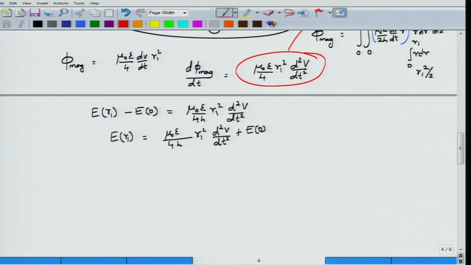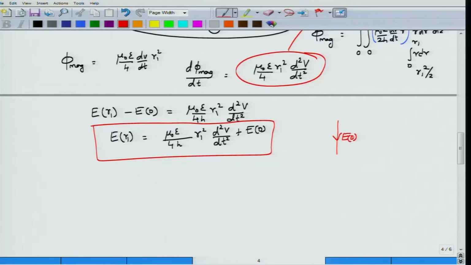This equation is a big change from the electric field that we had assumed. What it means is that the electric field at the center, which is E of 0, is not the same as the electric field at any other distance r 1, correct. So, where this is r 1, the electric field is not the same at this point.